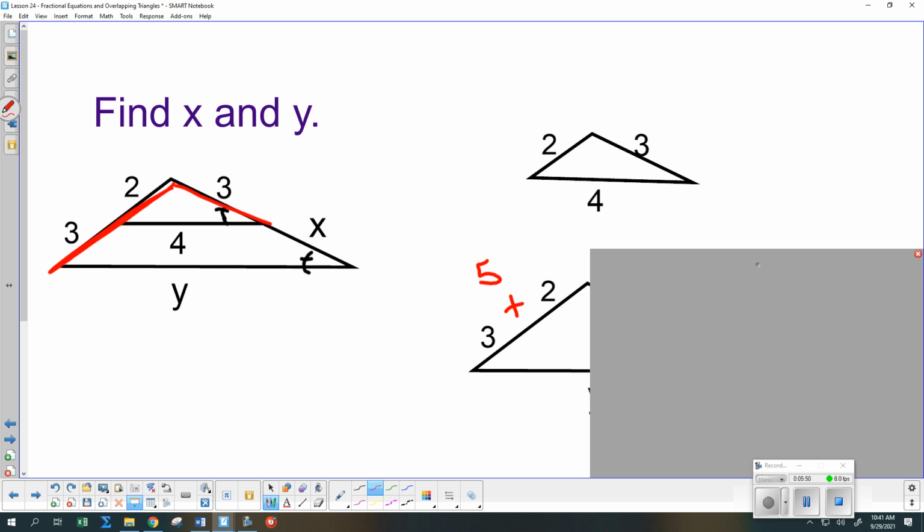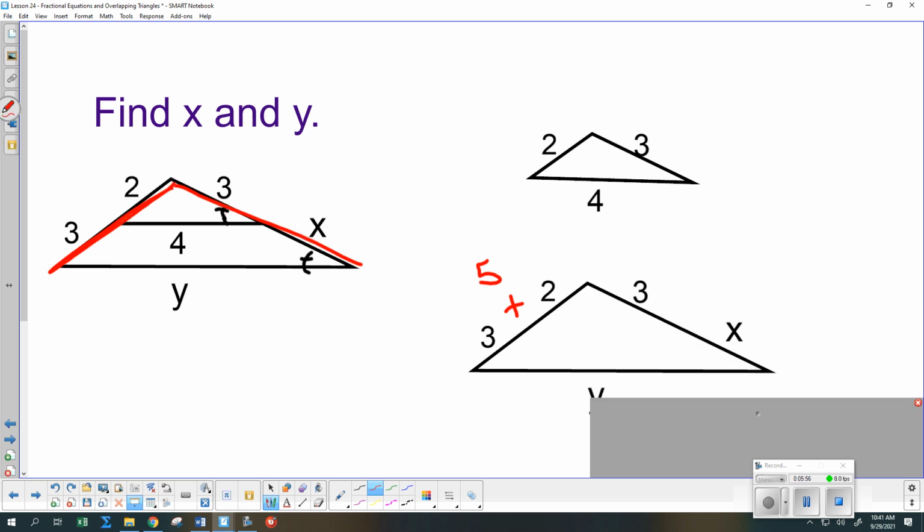For the next side, how long is it? 3 plus x. I don't know what x is, but I have to put those together to get the whole thing. And the bottom side is just y. So I've got to kind of pay attention. What's labeled out? What do we need to add together? What do we not?